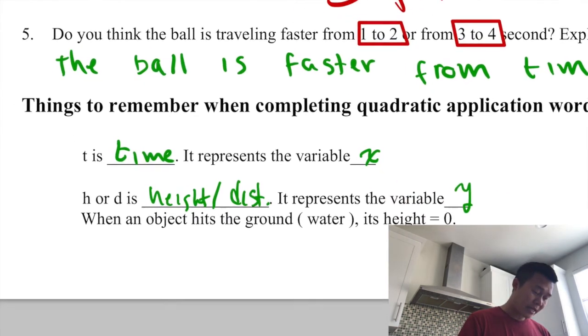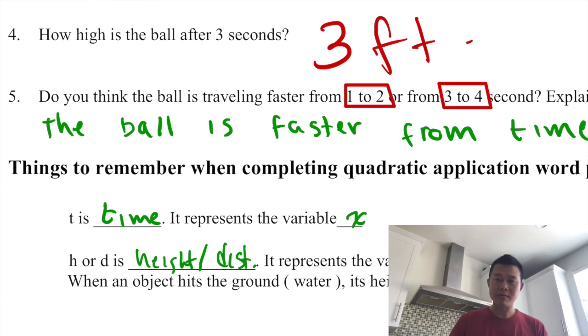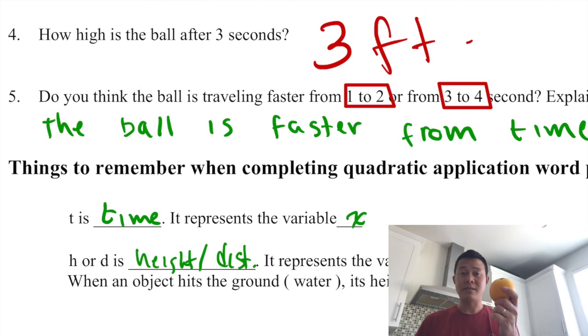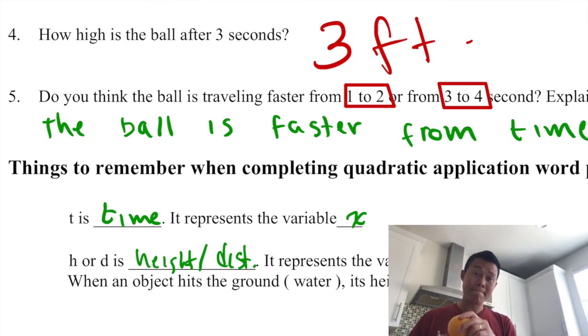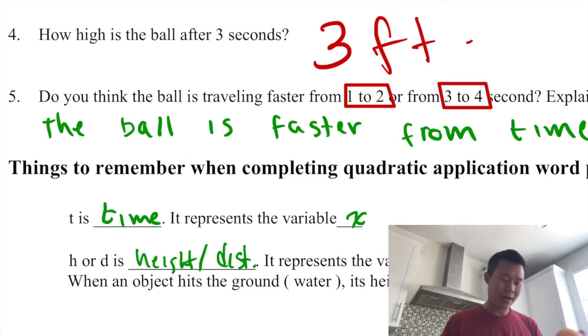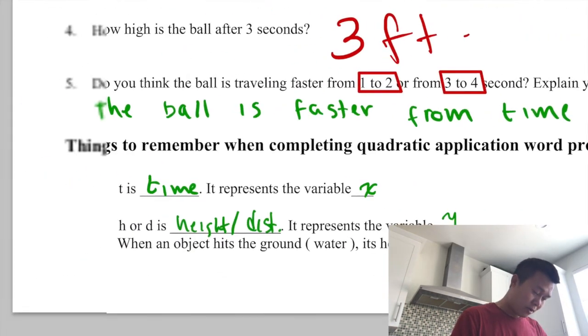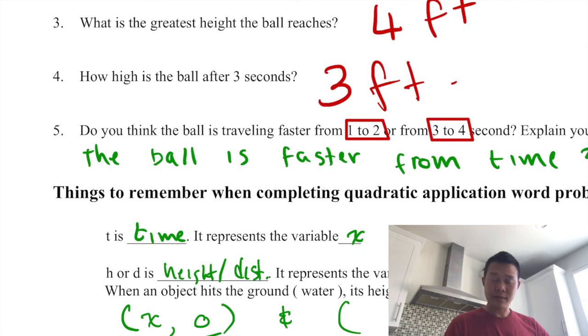And then one last thing to keep in mind is when an object hits the ground. When an object hits the ground, that means the height of that object from the ground is 0, right? So when it hits the ground, that's hitting the x-axis, because the x-axis can act as the ground, right? So when it hits the ground, its height is 0, okay?